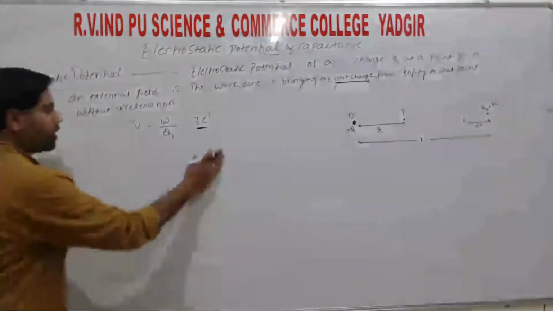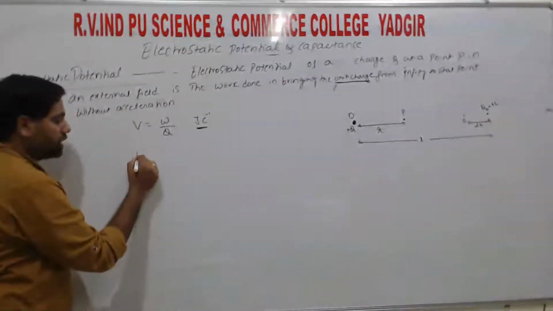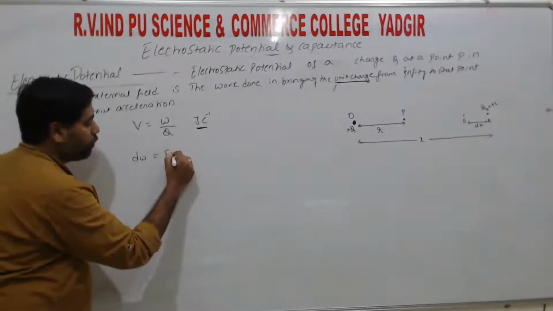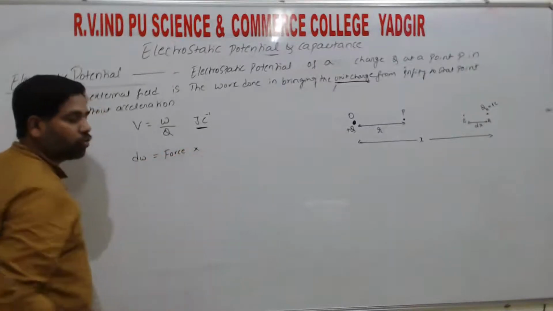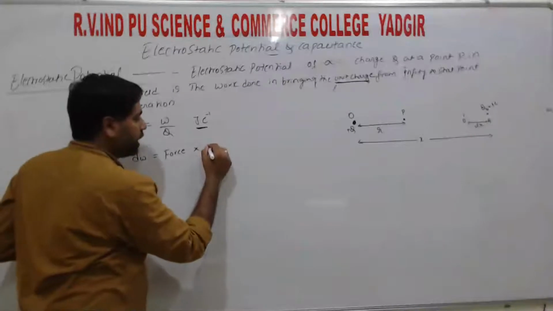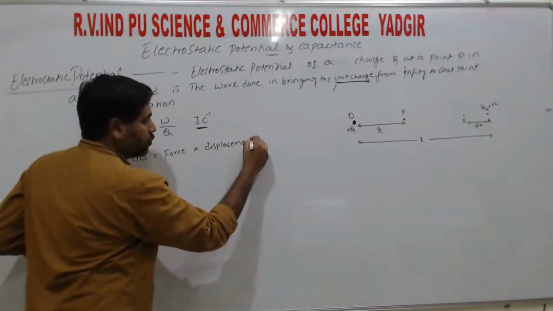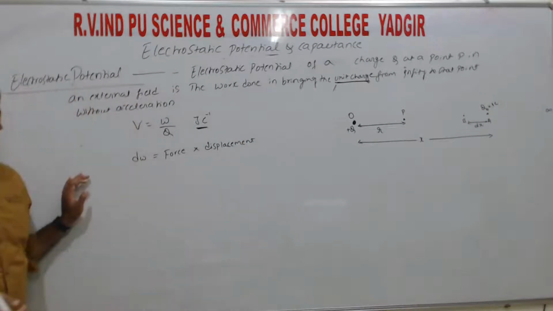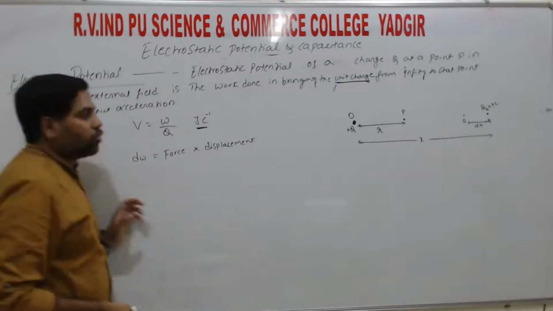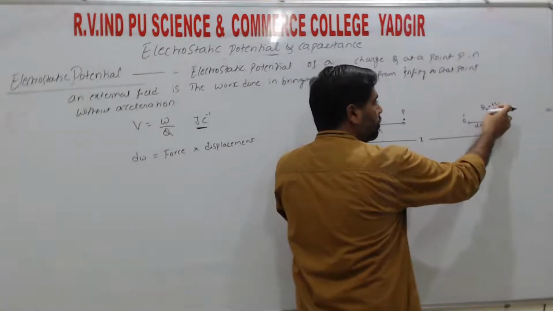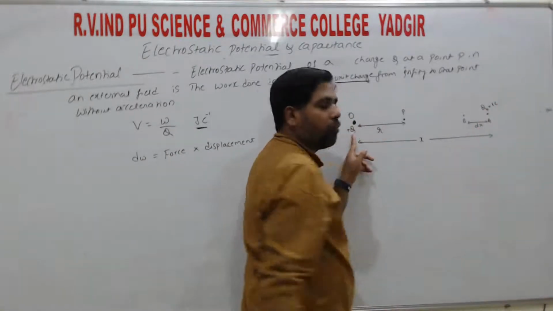First we find the small work done dW, which is equal to force into displacement, from the definition of work done. Here we have the plus Q, and here also the charge whose value is 1 coulomb.